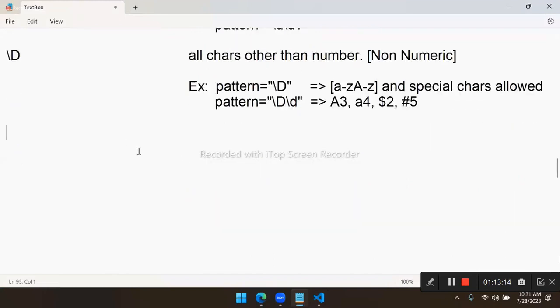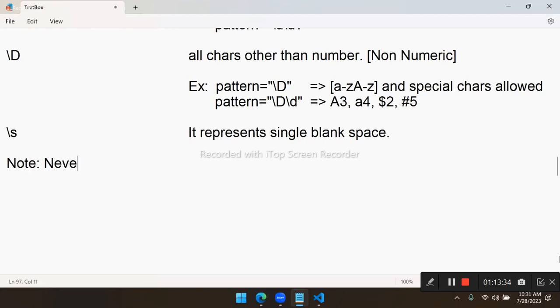That is what we say \D. Another important one, we have \s. It represents single blank space. And remember, a very important note is never use directly blank spaces in pattern.